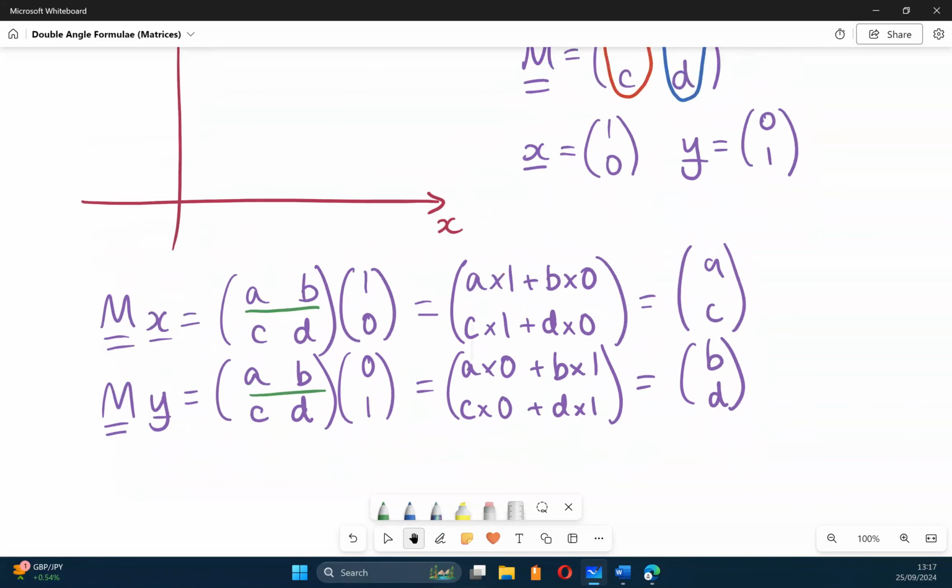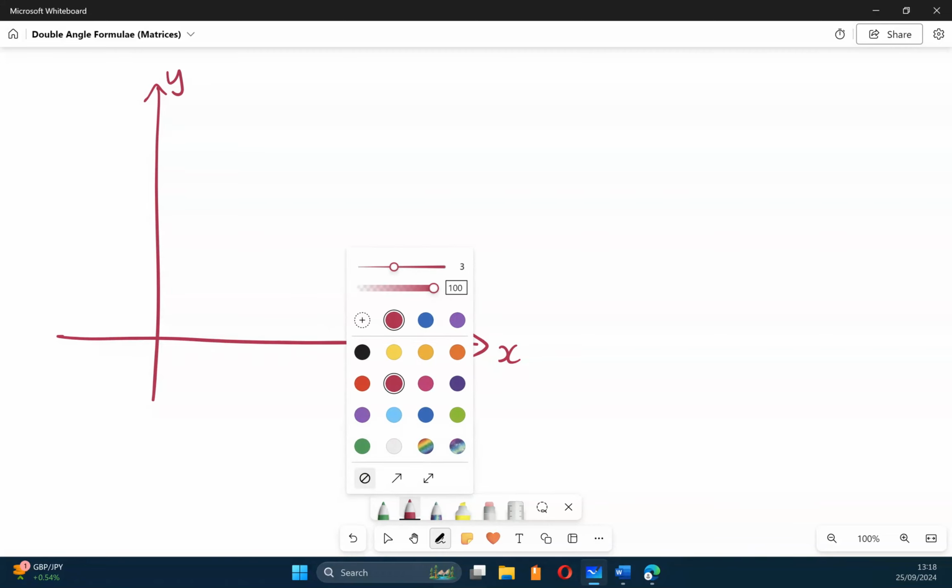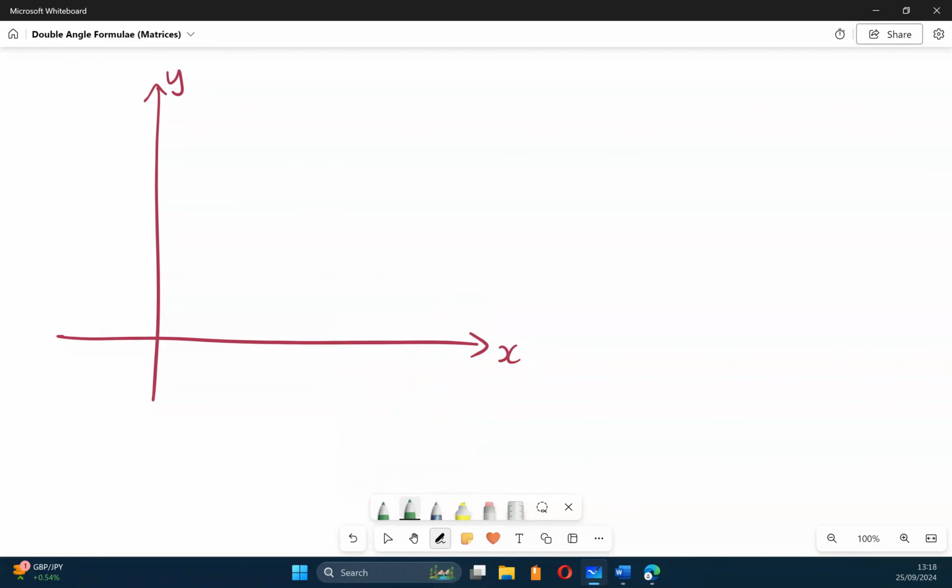So let's go a bit more into that. This is X, this is Y. So imagine I have a point on here. So this is the point 1, 0. And I rotate it by an angle theta anti-clockwise.